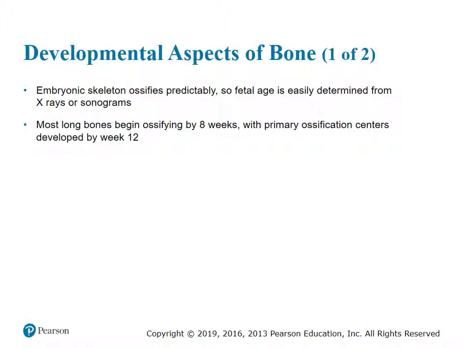Okay, so just really quick on some developmental things before we leave, right? The embryonic skeleton will ossify, so you can see that easily on an x-ray or sonogram. You start to see ossification at 8 weeks. That's usually the time period, 8 plus, right? We see the primary ossification centers in week 12. Again, you can see that on an x-ray or a sonogram.